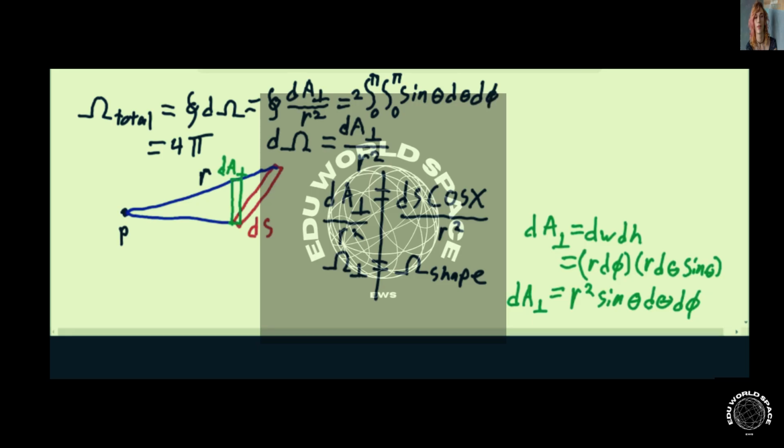So integrating over the sine theta, we would just get negative cosine theta, and we put in values 0 and pi.